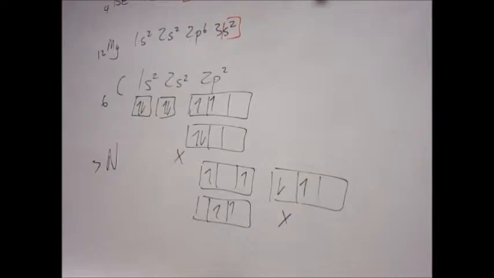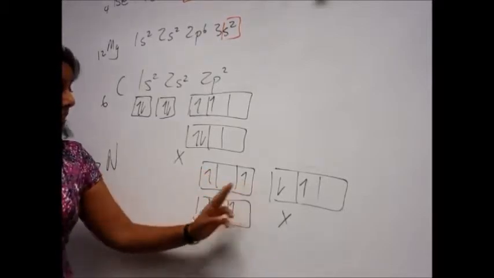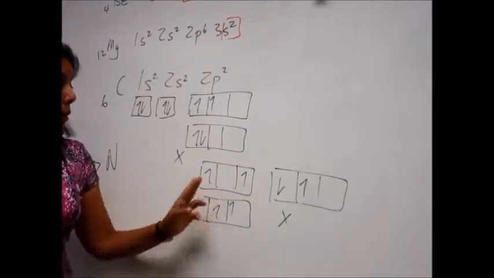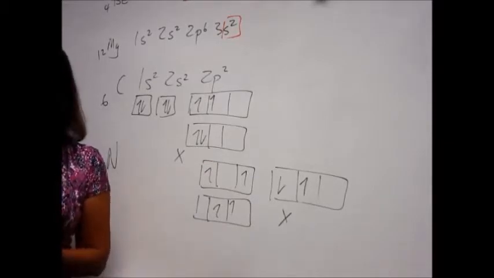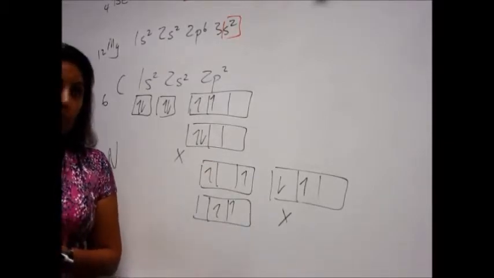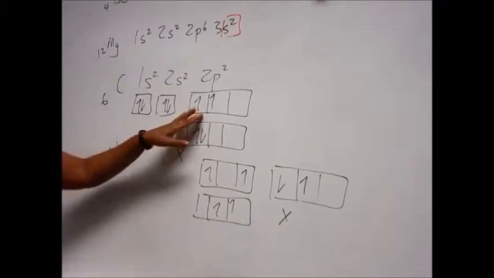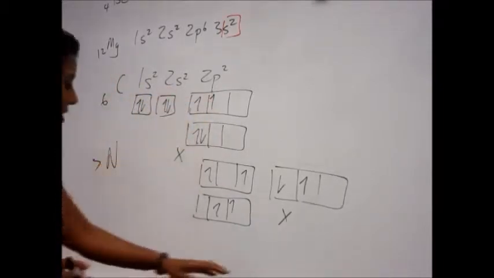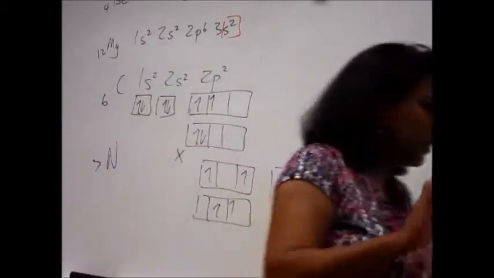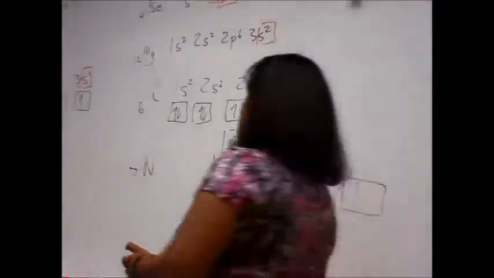Those are all the important criteria as you're filling these things out. And you can afford to do this kind of filling only because these orbitals are degenerate. They are equal in energy, so it doesn't matter which ones you fill out first. But logically, this is the best way, right? This looks nice and neat. So stick to this. That will give you a good track of how you're filling your electrons out.